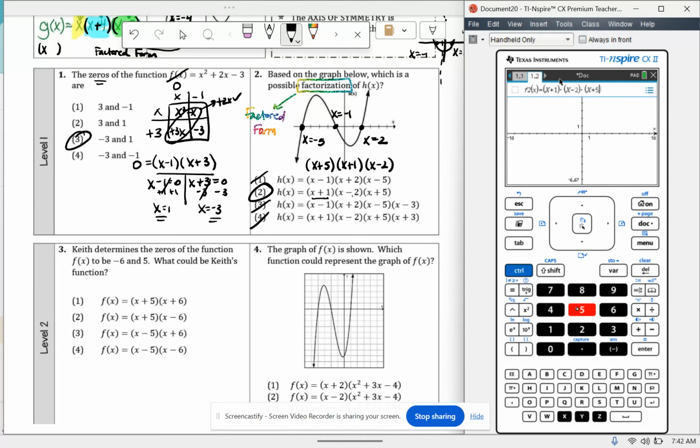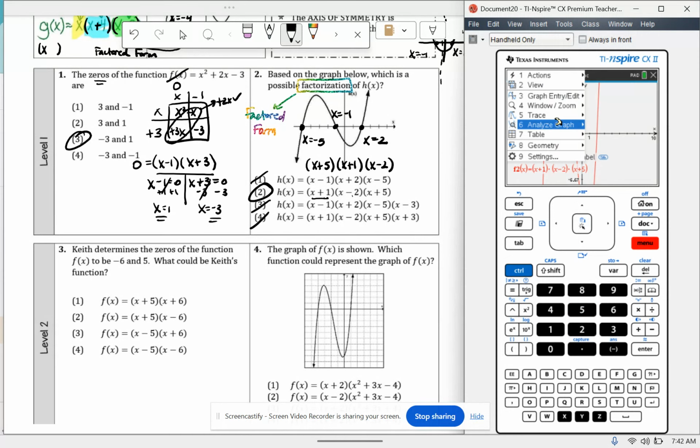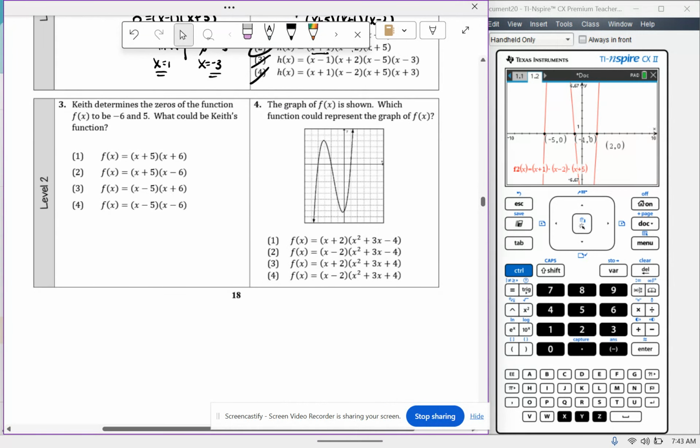So just type in the times in between. And now let's double check that we have the right roots, okay? They should match the roots we found in the picture. All right, so it's 2, -1, and 5. Yeah, that's what we had on the picture. Perfect. All right, let's do question 3.